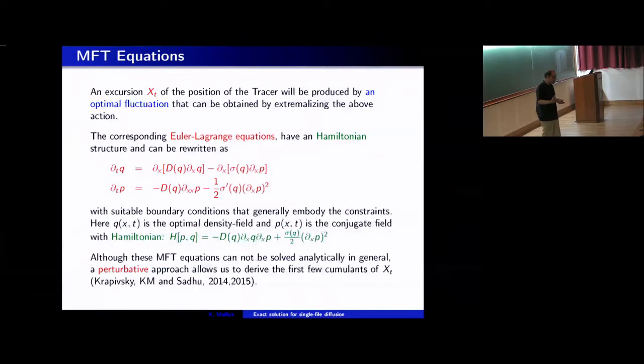Q is mostly my density field, and P is a conjugate field to it, which involves the current, but it's not the current. And the optimal equations for the previous action, in fact, they are Hamiltonian equations. So I'm ending up with an effective Hamiltonian dynamics for two conjugate fields, which satisfy two Euler-Lagrange equations, and my constraint on the tracer position and so on will be embodied as a boundary condition for these PDEs.